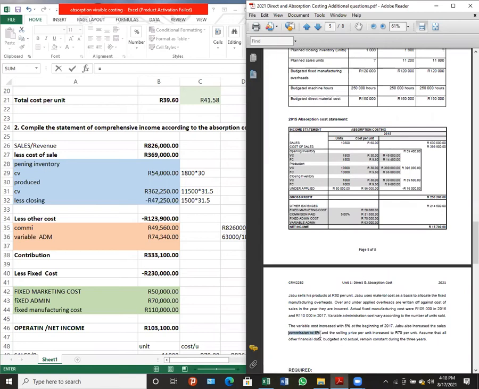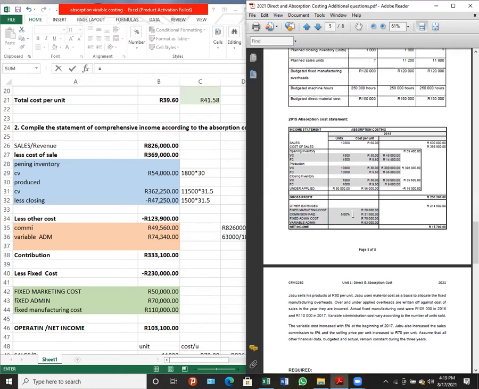The commission this year: from the beginning of 2017, all variable costs are going to increase by 5%, and then the sales commission also increased to 6%. From 2015 to 2016, the commission was 5% of what? Of sales. It was 5%.